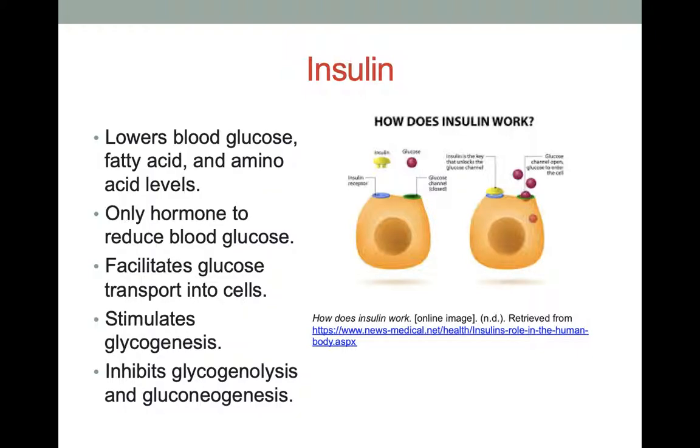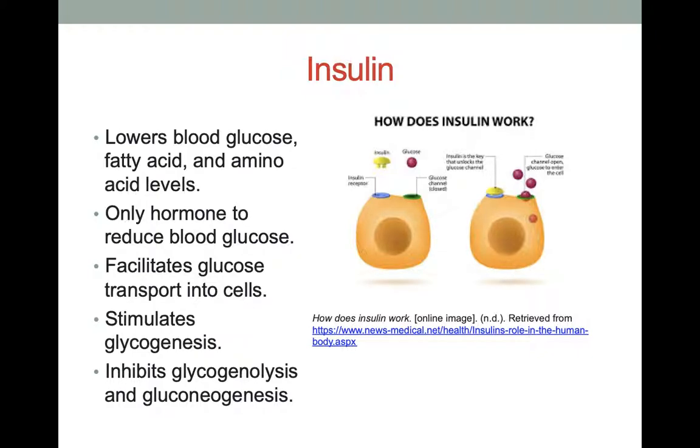Both of those happen in the liver, but their job is to increase blood glucose levels. So insulin generally works to reduce it. Stimulating glycogenesis, where you're building glycogen from glucose and importing glucose into the cells, reduces blood glucose levels. And by inhibiting the other two, you also help to reduce the glucose level in the blood.